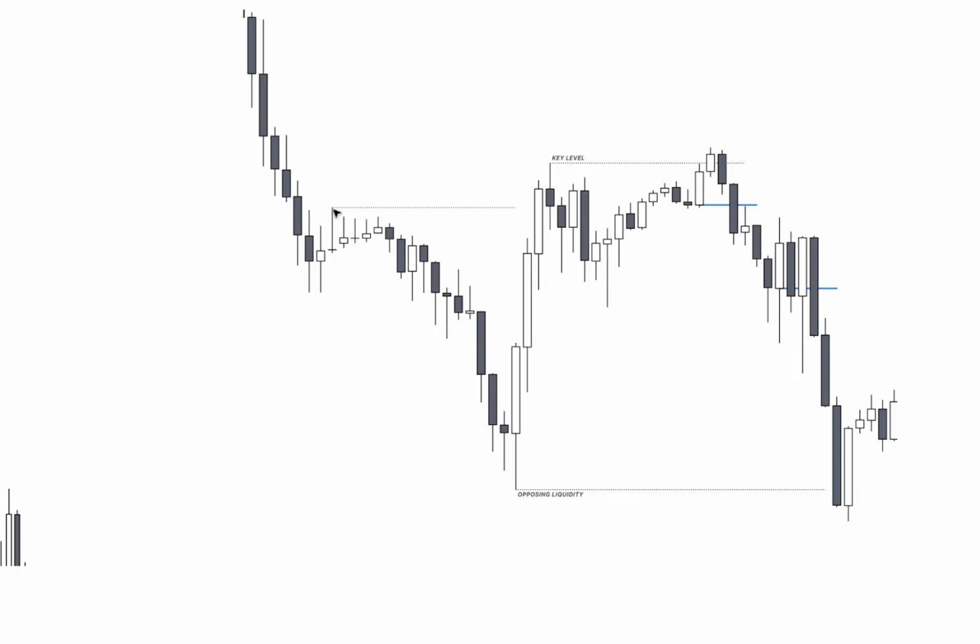So this was a key level, but I get no CSD, right? Here, this is a key level, and I got a CSD. So what do I look for next? My entry model, which happened right here. And we go to my opposing liquidity, which is my target.